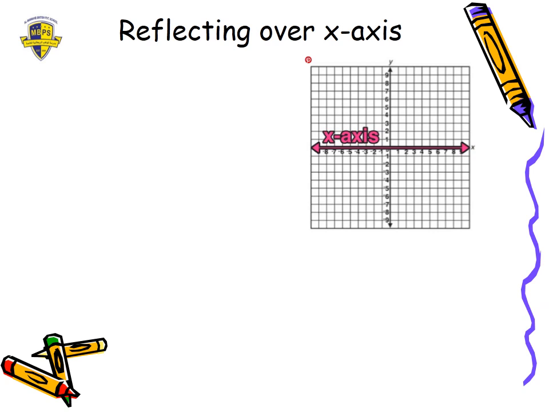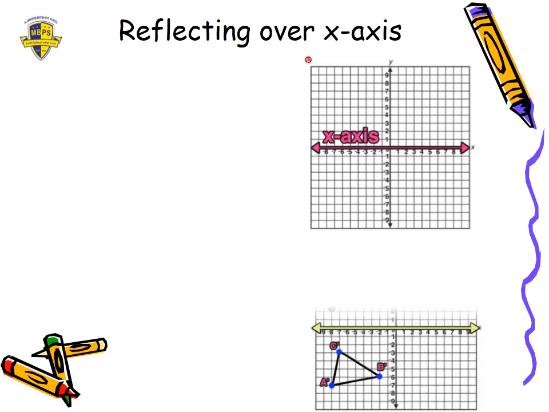So today inshallah we are going to learn reflecting shapes over the x-axis, the y-axis, and the line y equals x. First, let's start with the x-axis. Here you can see the x-axis, this is the pink line. In this case this line will work like a mirror.